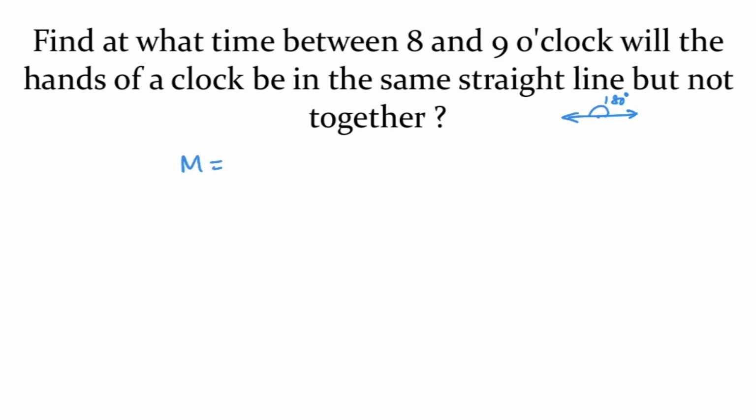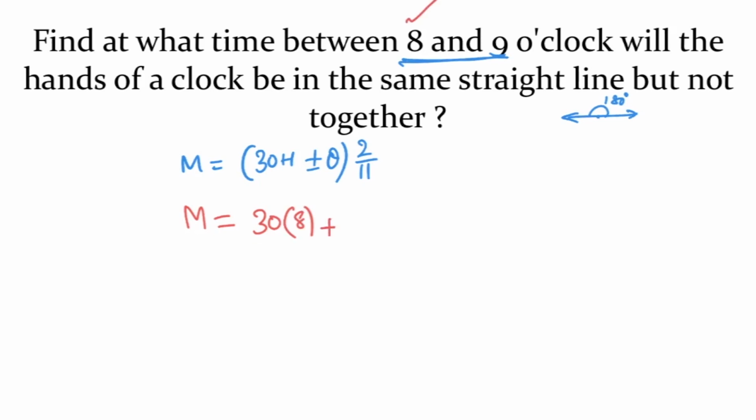Number of minutes is equal to 30h plus or minus theta into 2/11. Here the requirement is between 8 o'clock and 9 o'clock. So the number of minutes is equal to 30 into h, 8 hours completed, plus theta, plus 180 degrees, into 2/11.